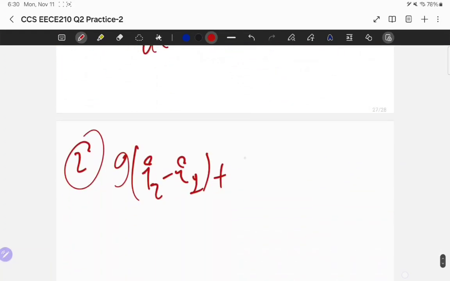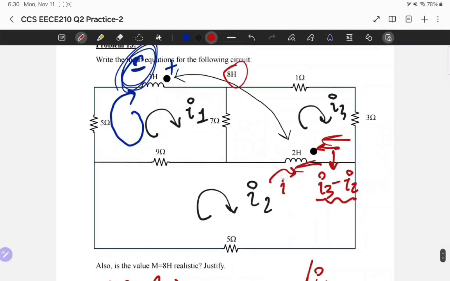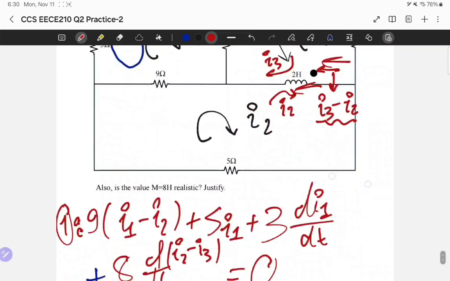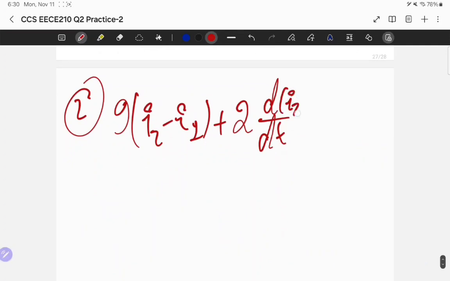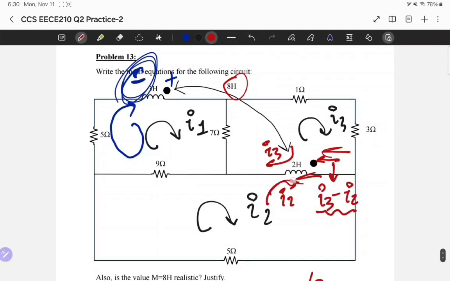So L, so 2 d/dt. Now what's the current flowing into the inductor? It's I2 minus I3. So think of it as a resistor, but the formula is a little weird. So I2 flows like this, and I3 flows in the opposite direction, I2 minus I3.